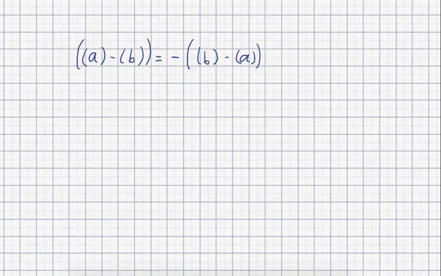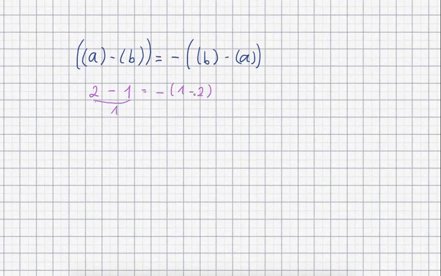Now let's have some examples. For the examples, I will not use the parentheses, so we won't waste a lot of time. Let's say we have 2 minus 1. How much is 2 minus 1? 1.